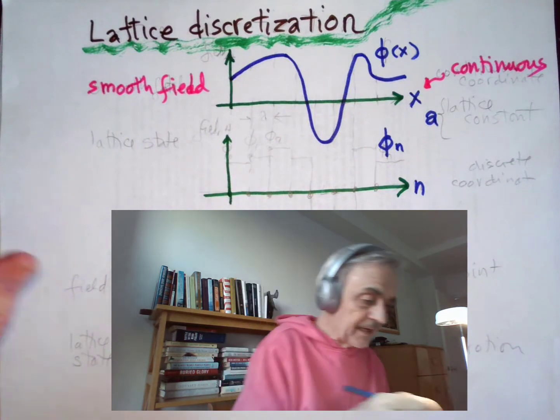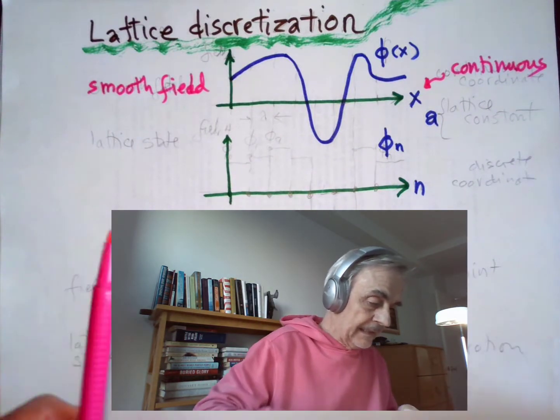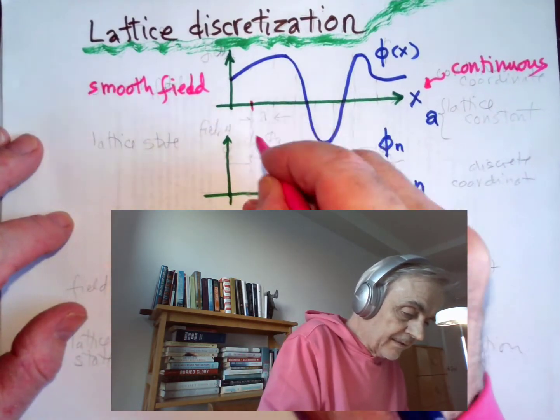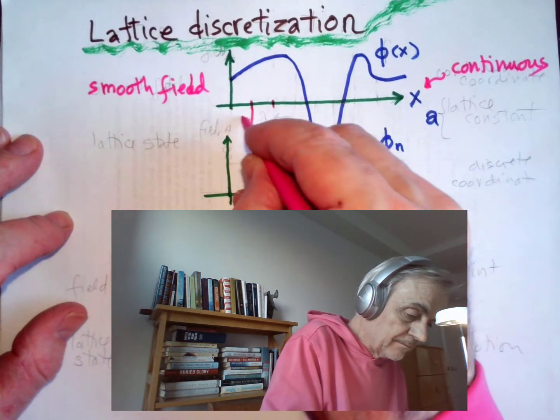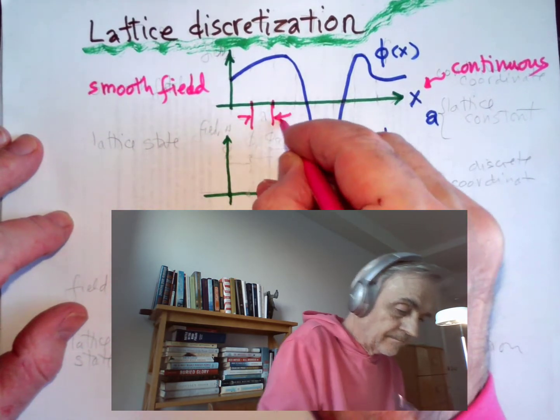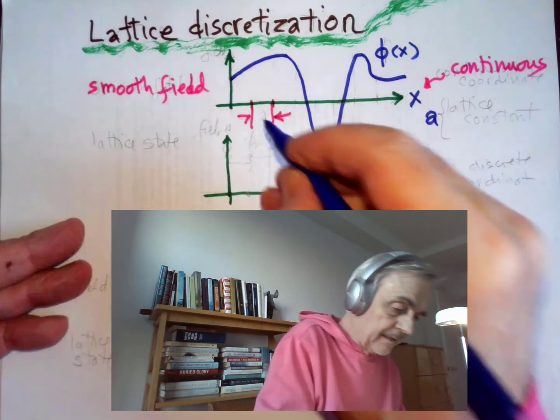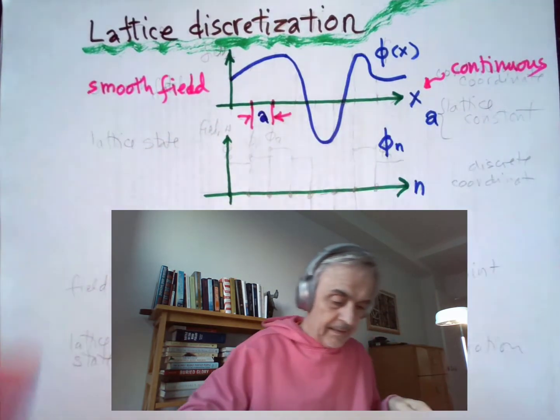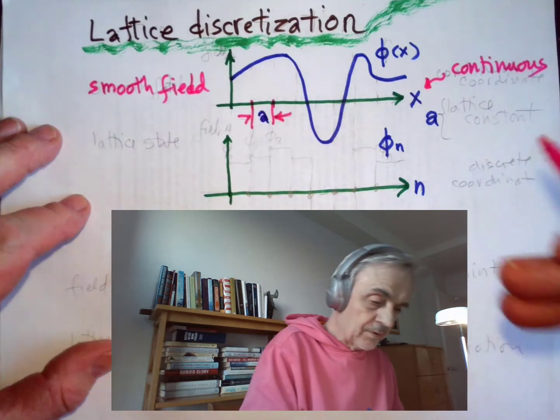Well, you decide that there is some basic resolution you want. In physics, this is often called lattice constant.